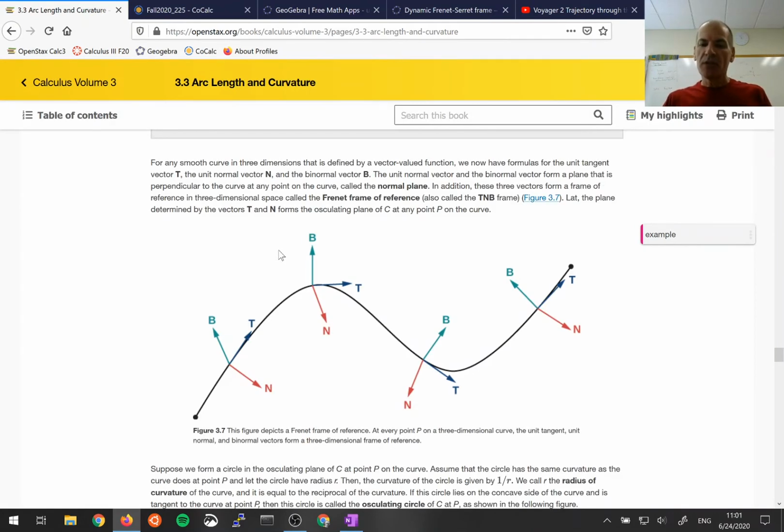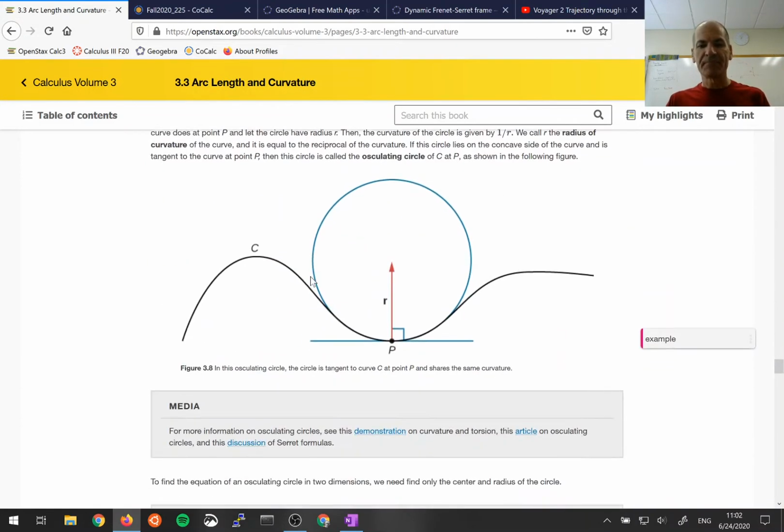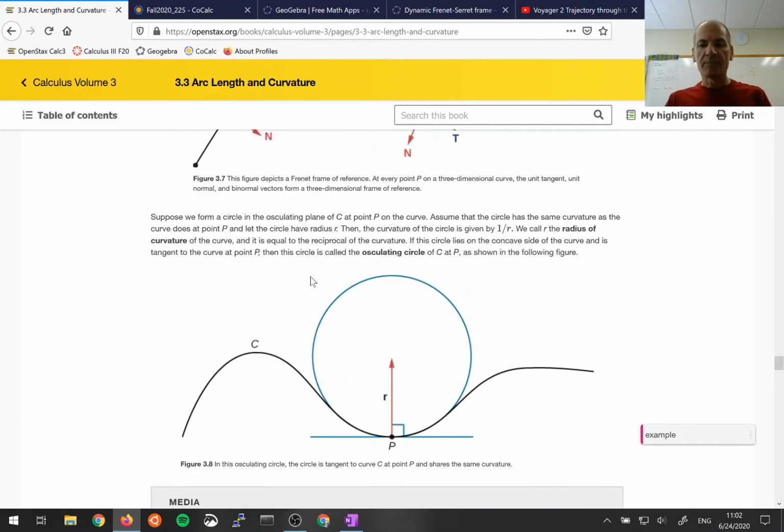Each of those probes has a little Frenet frame associated with it: a tangent vector, a normal vector, and a binormal vector. And there you have it.